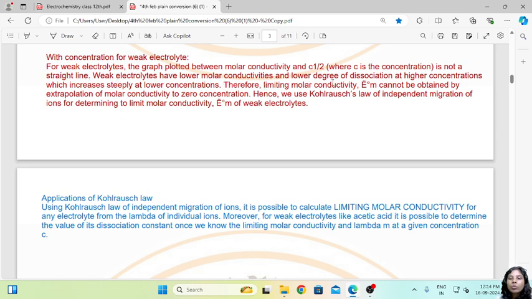Therefore, limiting molar conductivity, lambda naught m, cannot be obtained by extrapolation of molar conductivity to zero concentration. We cannot obtain lambda naught m by just extrapolating onto the y-axis. Hence here we have to use Kohlrausch's law of independent migration of ions to determine limiting molar conductivity.